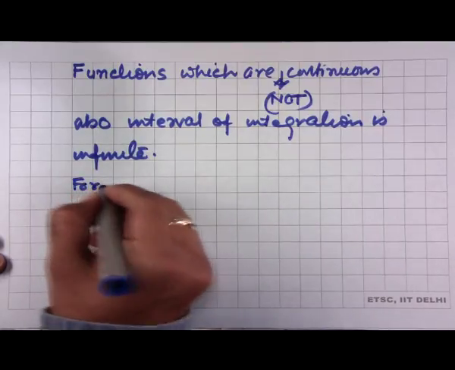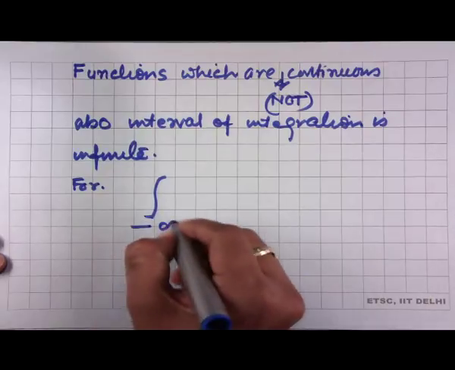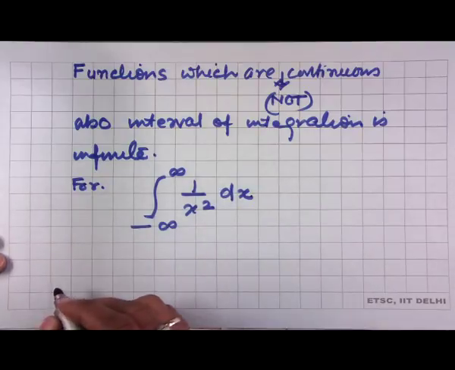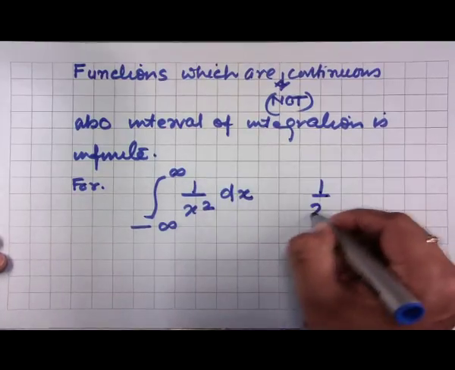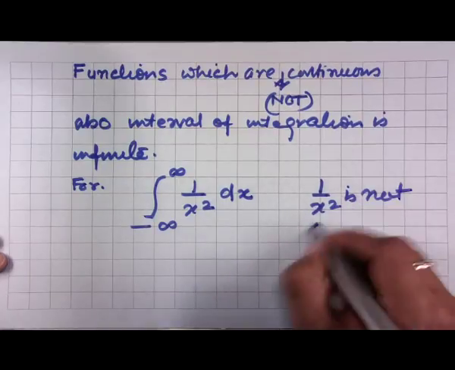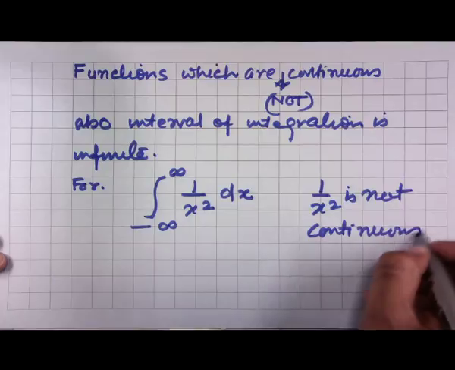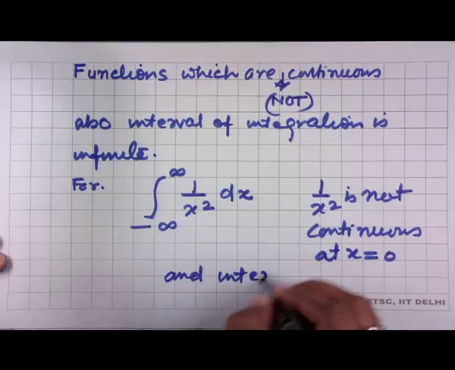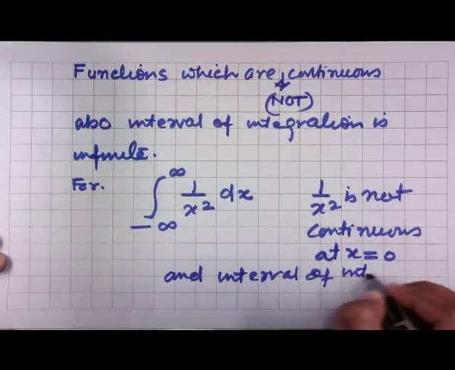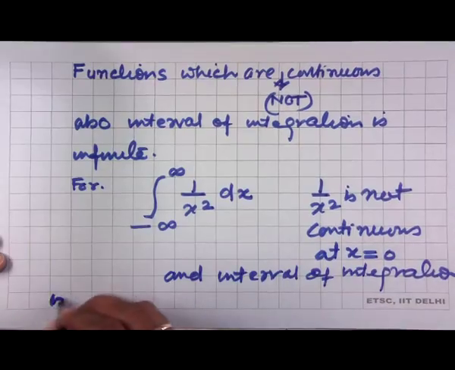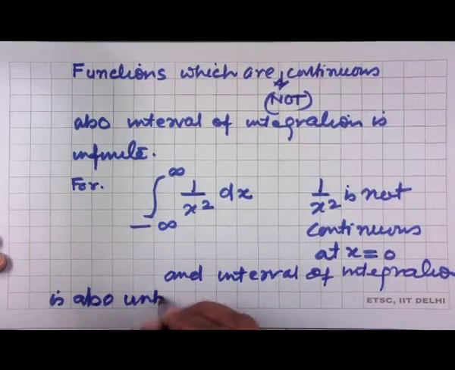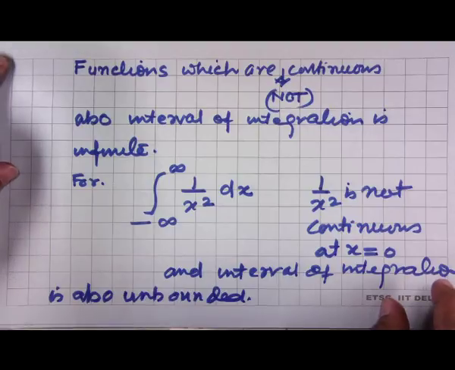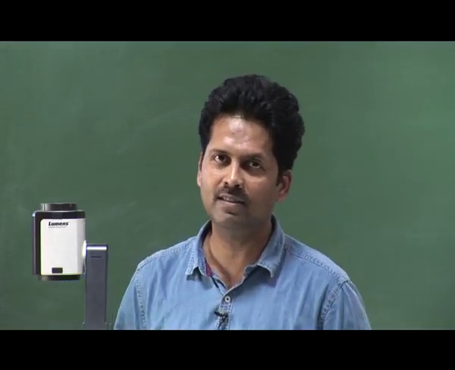For example, minus infinity to infinity 1 by x square dx. So, here 1 by x square is not continuous at x equals 0, and the interval of integration is also unbounded or infinite. So, let us solve some examples and see how you will deal with such cases.